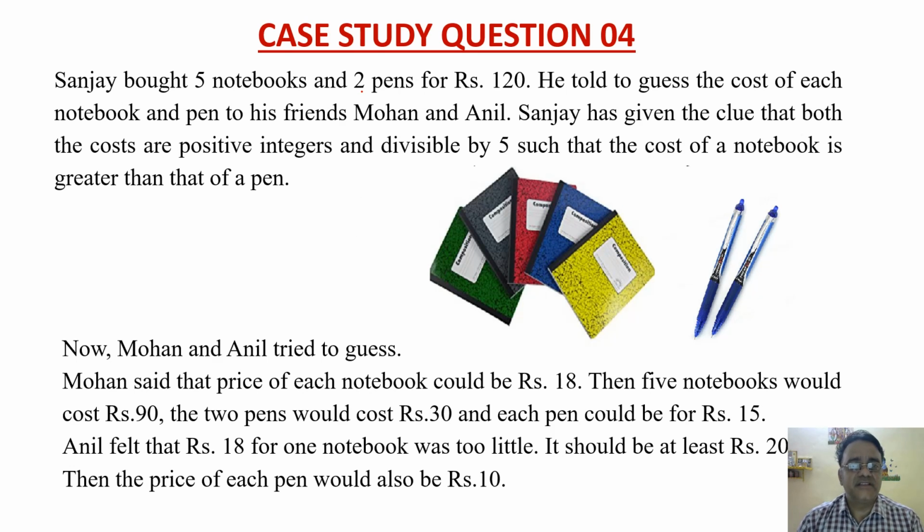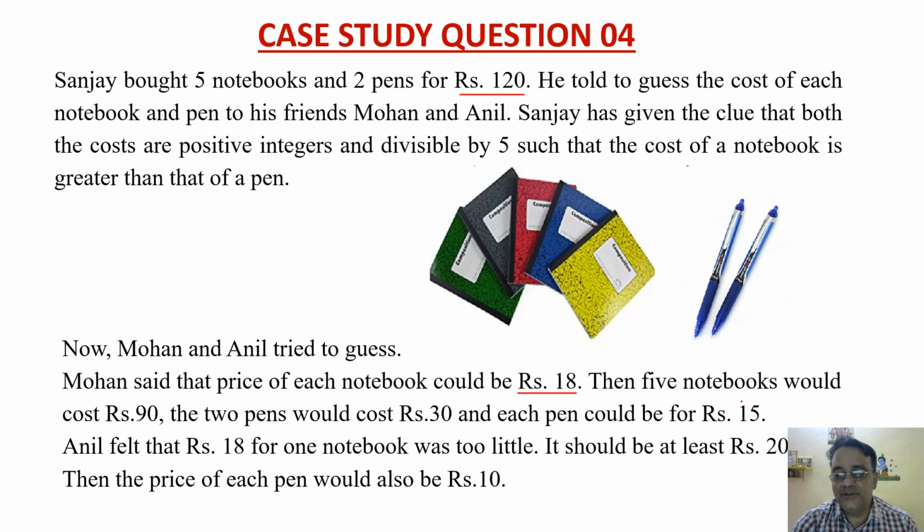Number 4. Sanjay bought 5 notebooks and 2 pens for rupees 120. He told his friends Mohan and Anil to guess the cost of each notebook and pen. Sanjay gave the clue that both the costs are positive integers and divisible by 5, such that the cost of a notebook is greater than that of a pen. Now Mohan and Anil tried to guess. Mohan said that the price of each notebook could be rupees 18.